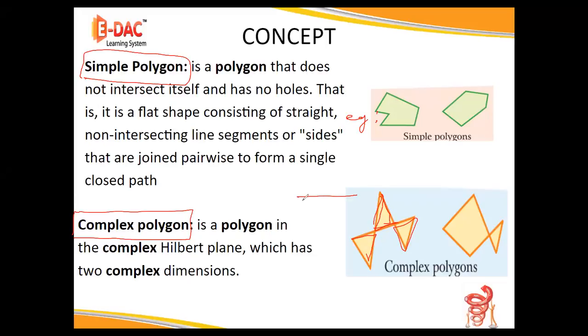It is one part and one closed figure, and this is also one. So all these are formed by line segments and they are polygons and they are connected. Complex, in the Hilbert plane, which has two complex dimensions.